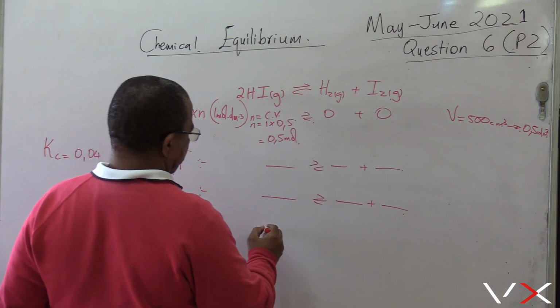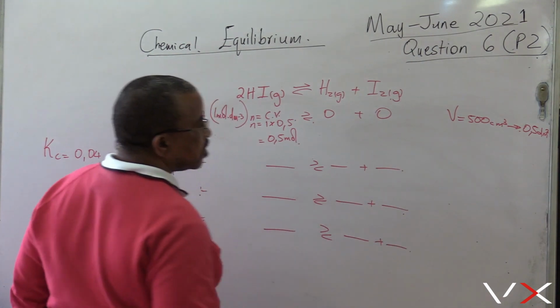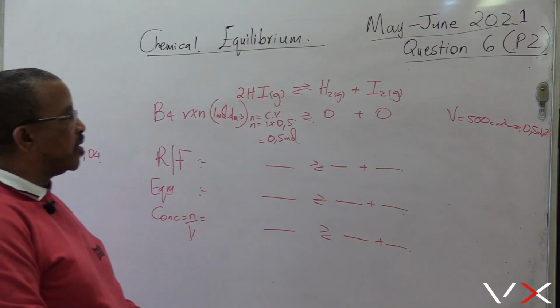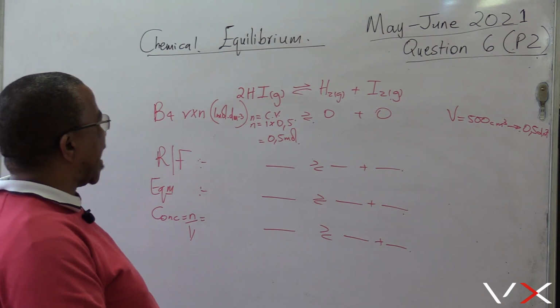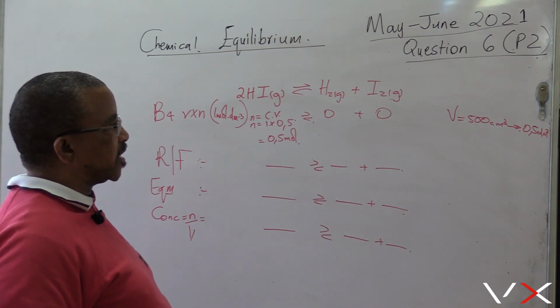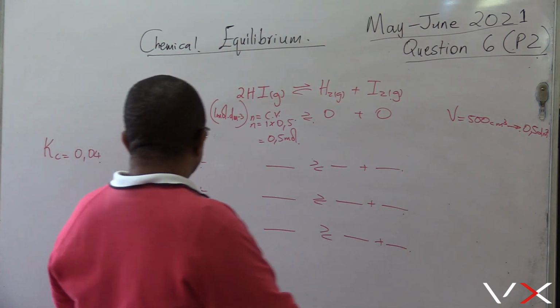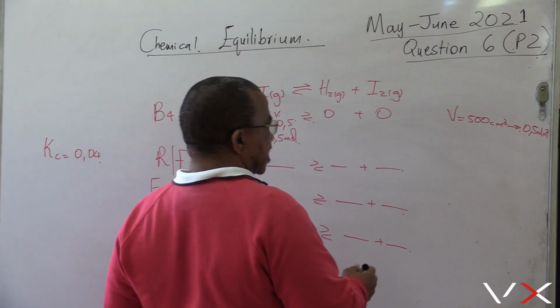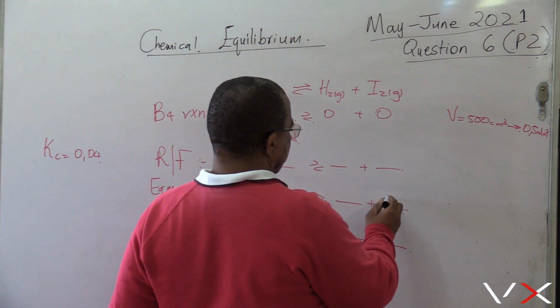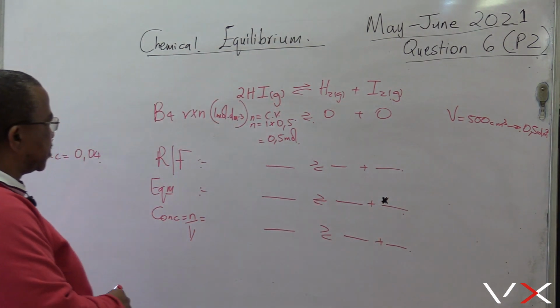But let's calculate the number of moles of iodine, I2, present at the time of 6 seconds. We need to get the number of moles present.